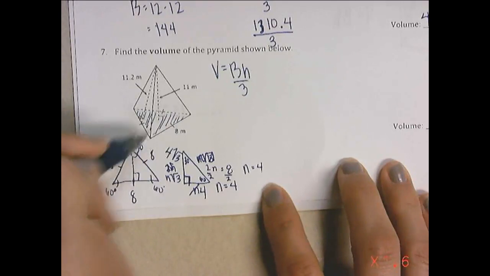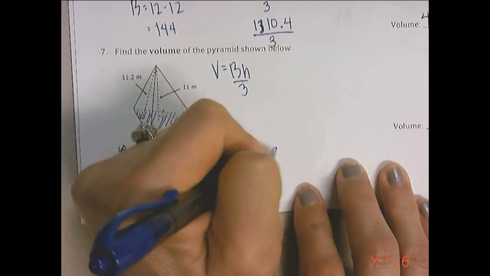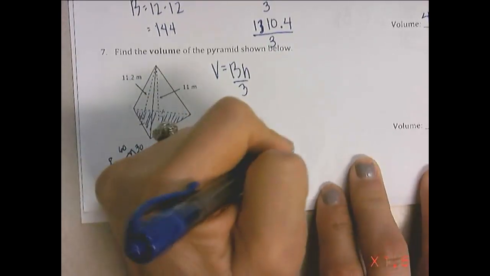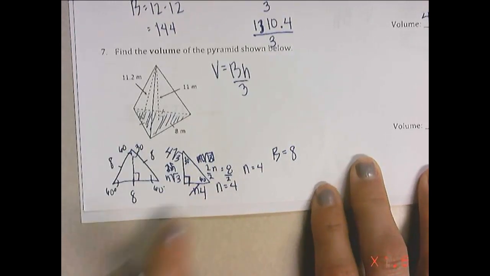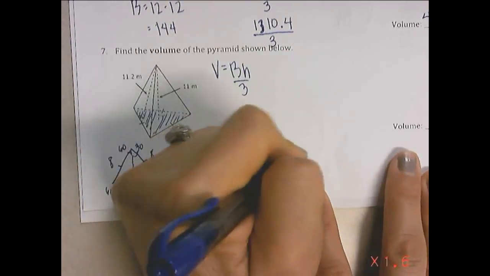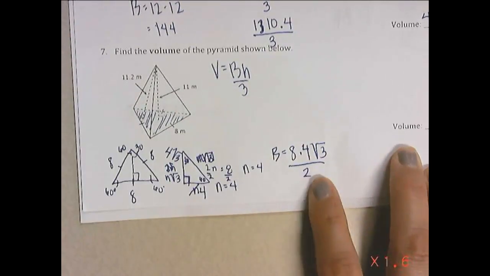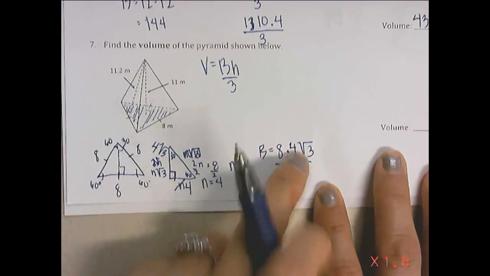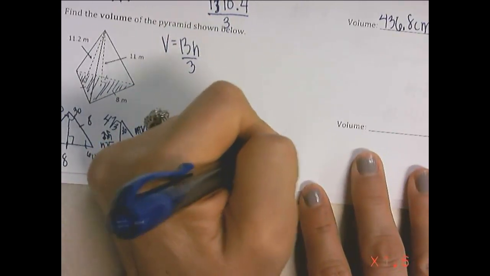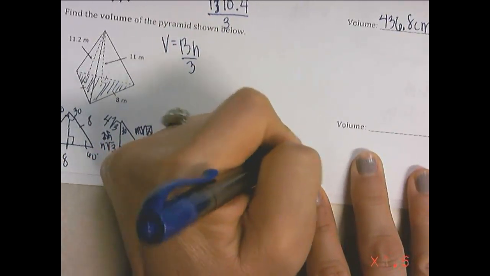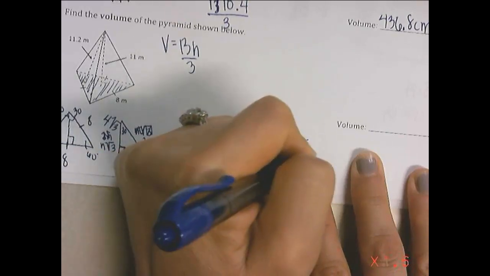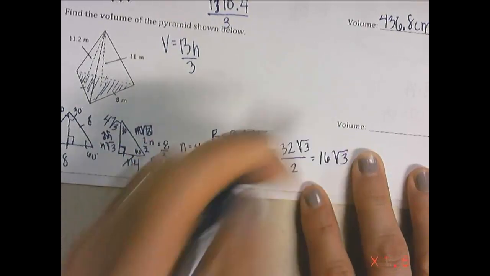So in order to find big B, I'm going to take my base, which was 8, and it has to be perpendicular to your height, what we just found, 4 rad 3, and then it's a triangle. I'm going to divide it by 2. 8 times 4 is 32 rad 3, divided by 2 is going to be 16 rad 3.